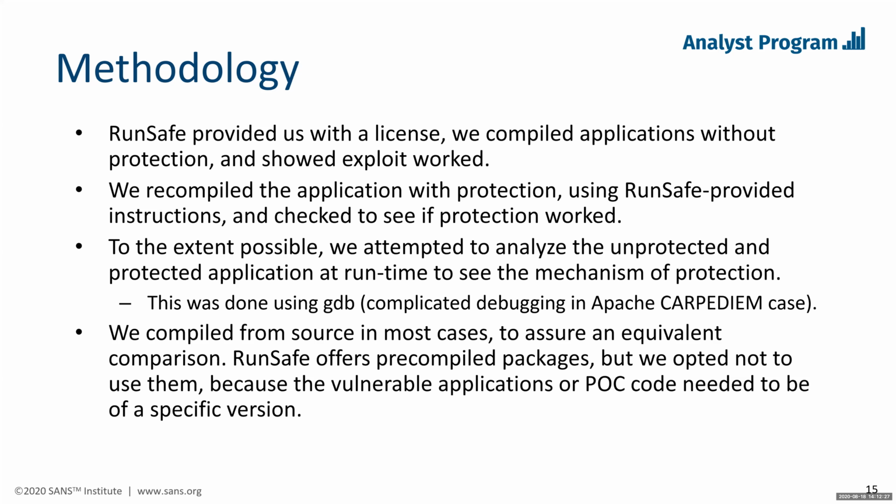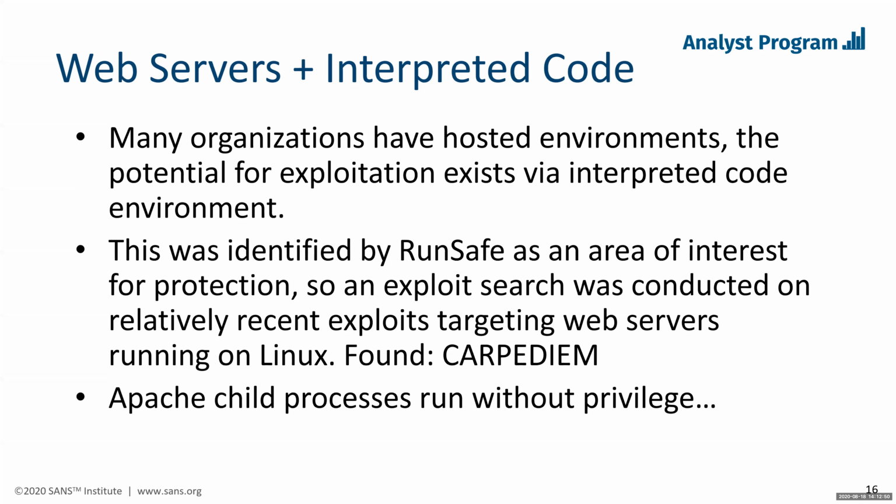One was to make sure that I had the correct version of the thing that I was trying to exploit, and two, to make sure I had an exact comparison, so there wasn't some change in the compiler flags that ended up causing something that was different. That was why I did a lot of Apache compilation from source in order to look at this initially.